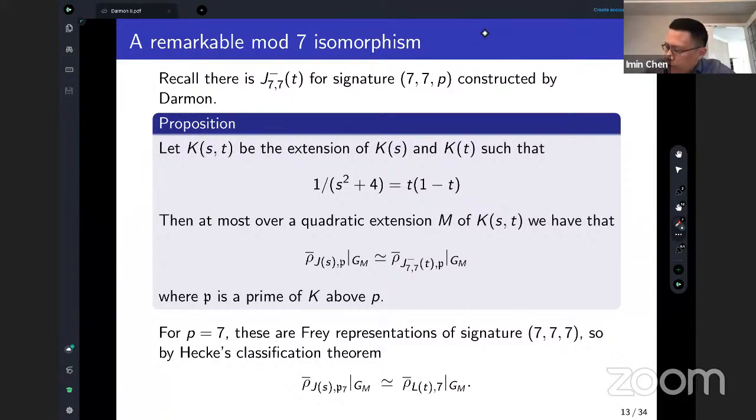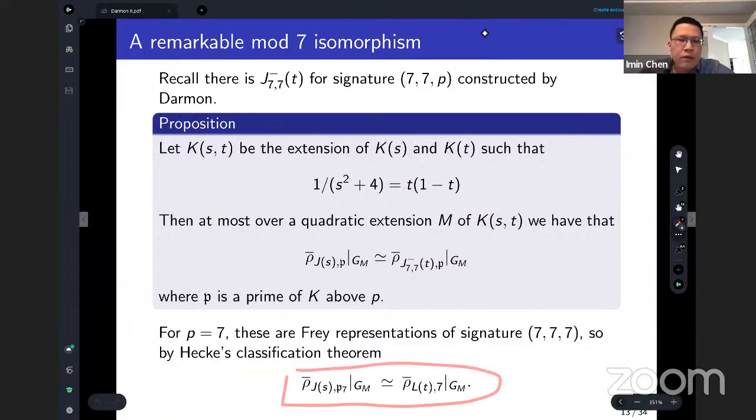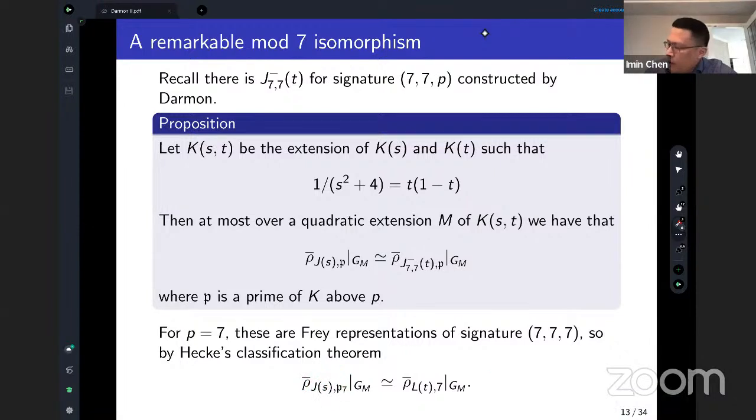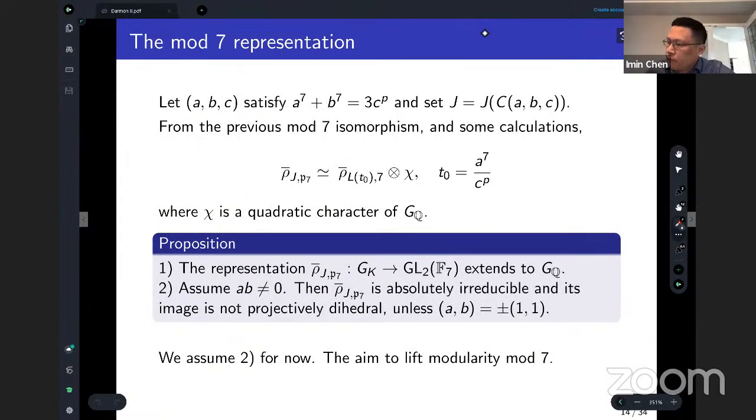And so we have this very, very useful relation between the mod 7 representation of Kraus's Frey abelian variety and the mod 7 representation of the usual Legendre family of elliptic curves. And that will be used many, many times later in my talk. We'll see that it's a key relation that can be exploited for many results.